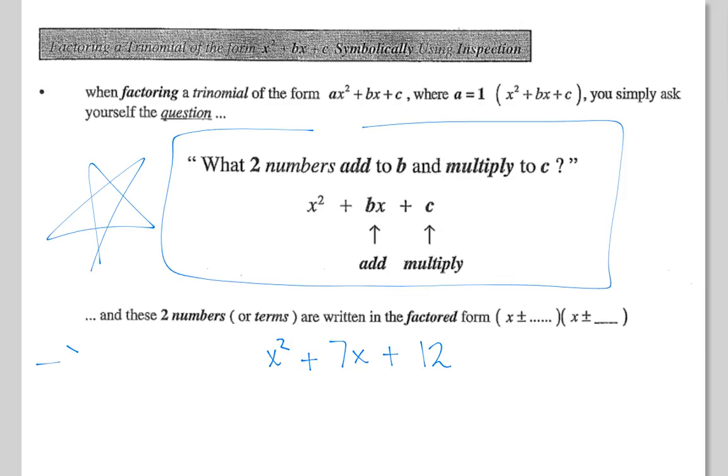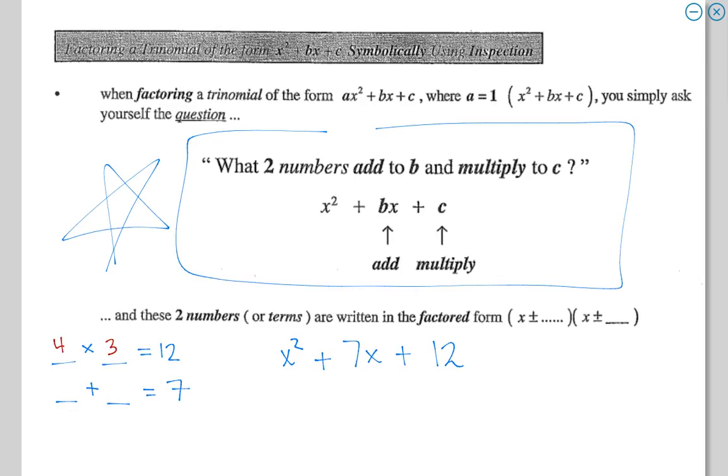So blank times blank equals 12, but blank plus blank equals 7. A lot of people are saying it now. So those are those special numbers, 4 and 3.